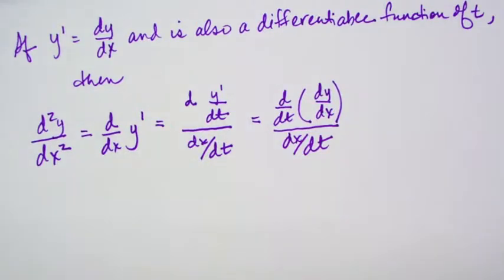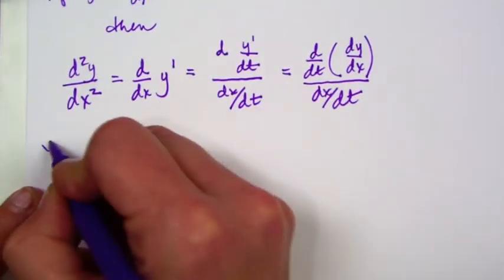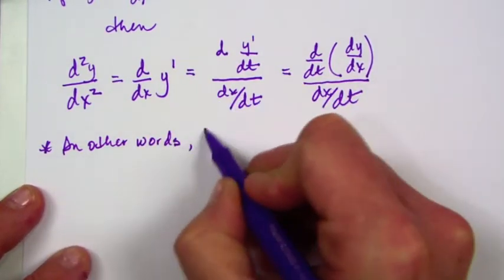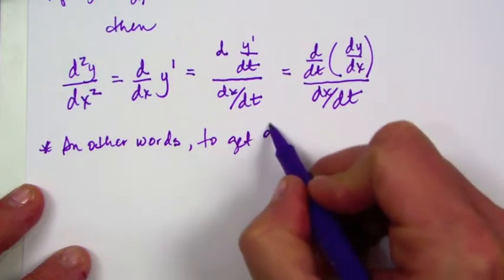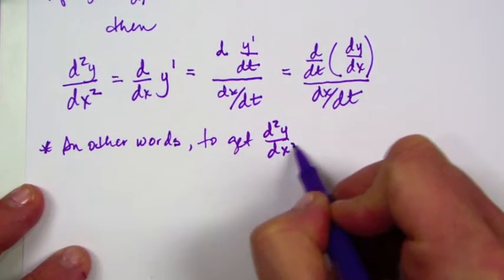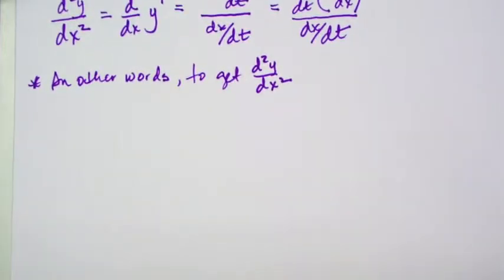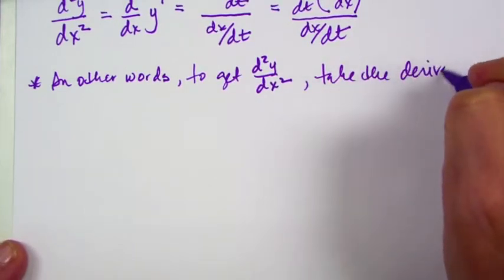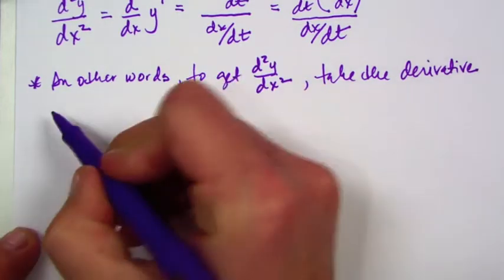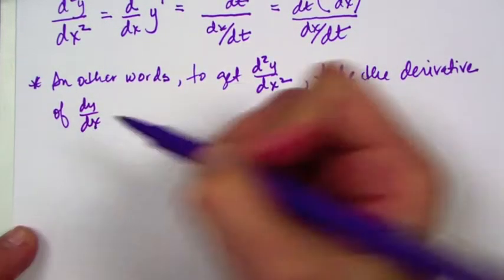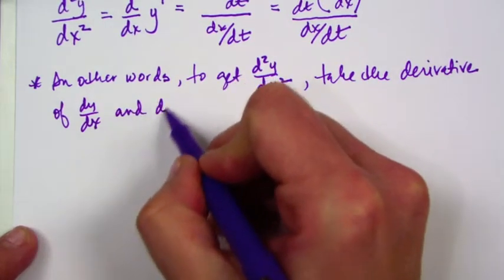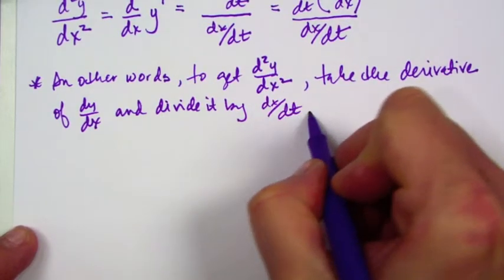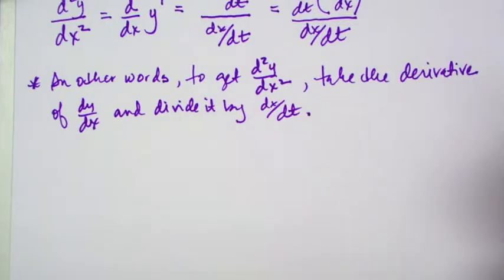And then I'm going to write it in words for you too. In actual words, to get that second derivative, take the derivative of dy/dx and divide it by dx/dt.